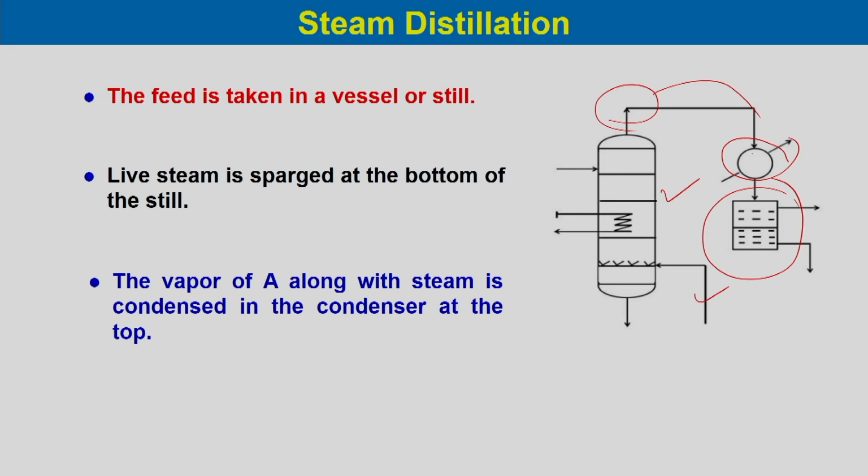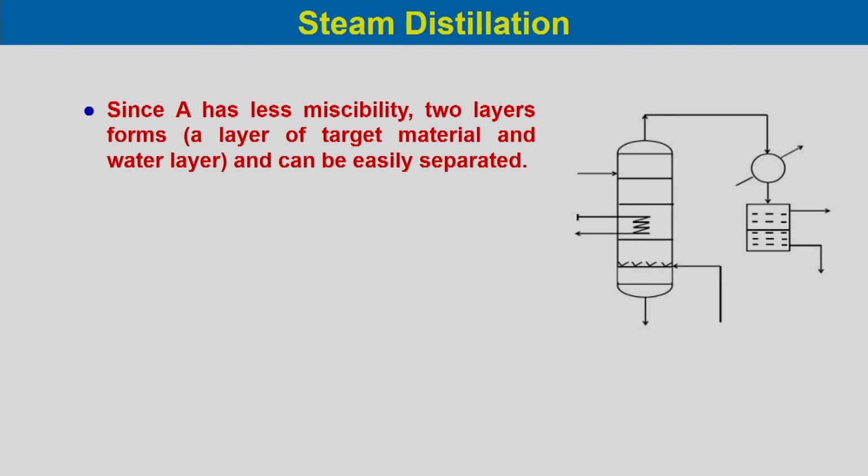So, you will have two product cuts, one is the water which you can get in liquid form, and the other is component A. Since A has less miscibility with water, two layers form, a layer of the target material and a water layer, and that can be separated in this separator.